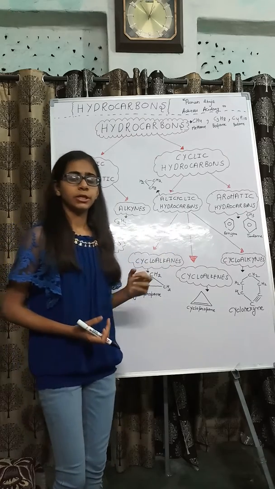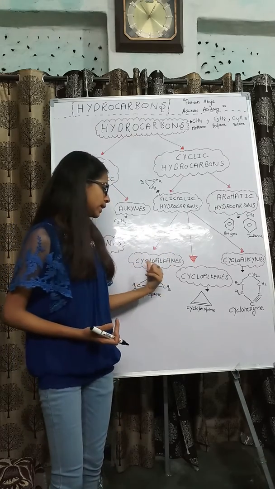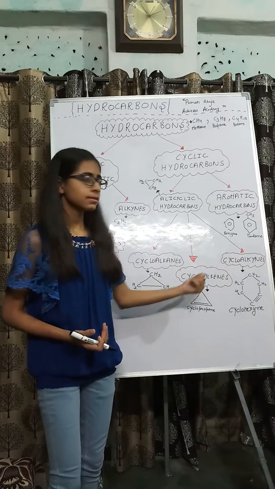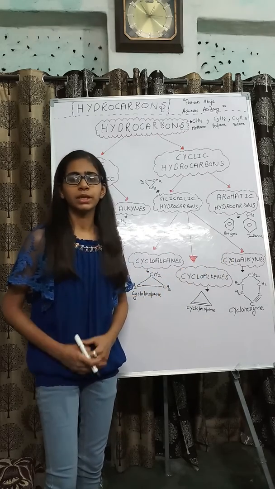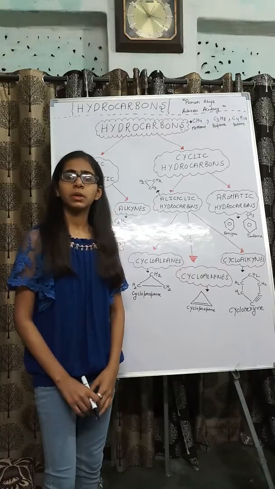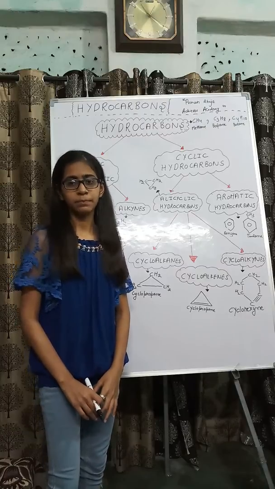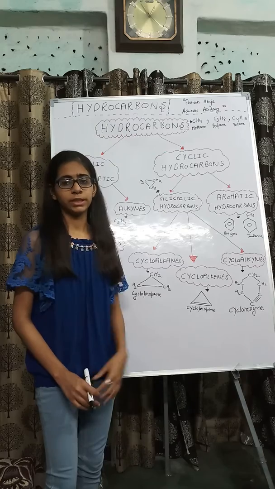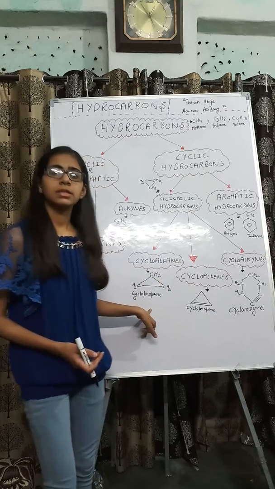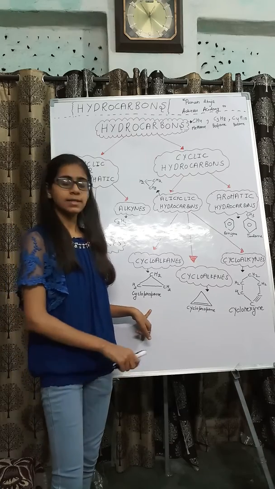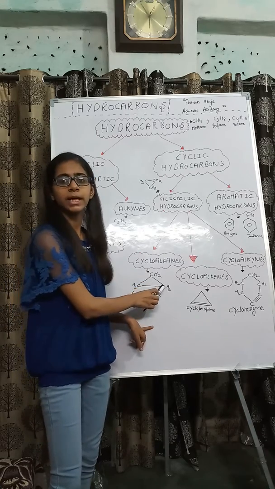These are mainly divided into three parts: cycloalkanes, cycloalkenes and cycloalkynes. Cycloalkanes are those types of hydrocarbons which contain a closed chain of carbon atoms and single bonds. For example, cyclopropane, as it is clear from its structure, it contains single bonds between carbon atoms.